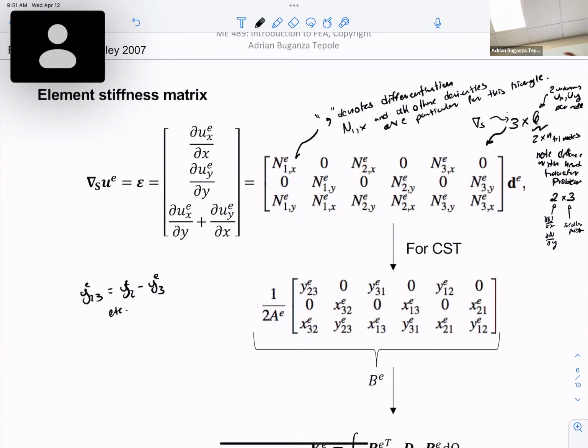There are 3 nodes, and for every node there are 2 unknowns, so now this has 6 columns. If it was a quadrilateral, then this matrix would be 3 by 8.